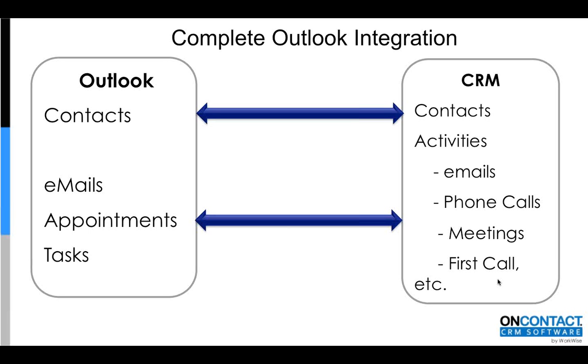So they were able to take the activity function of CRM and create a type of activity called call report. And then they formatted it so that they were able to record the sort of data they wanted to record, and now they had a chronology right within CRM, replacing what they had been doing previously. And now they got a new type of activity called call report. So CRM is, as I said, a flexible application. You don't necessarily have to stay with the out-of-the-box definitions of CRM as you move it forward. So it becomes a very, very effective tool for the way you want to go to business.